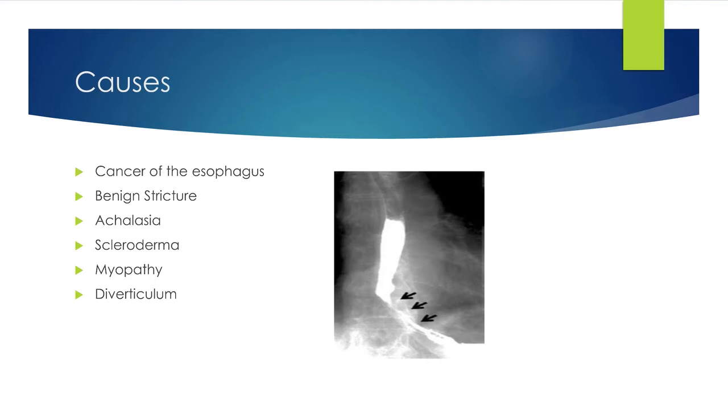Alkaline materials are more damaging to the esophagus than acidic material, because alkaline material, which is basically the bleach used in every single household, leads to liquefaction necrosis of the tissues.